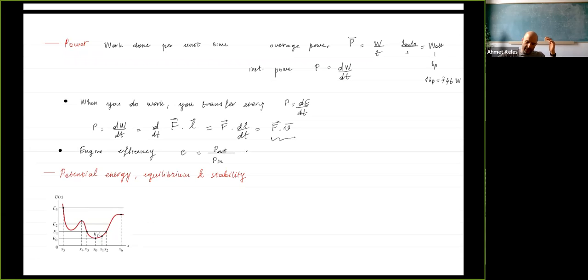And typically this is much less than 1. For example, for most modern cars, they have an efficiency around 15%. And this is a lot of wasted energy, right?